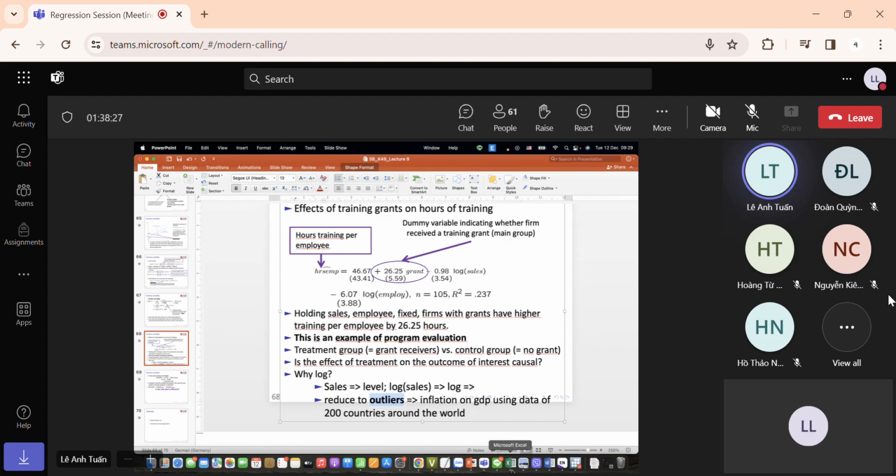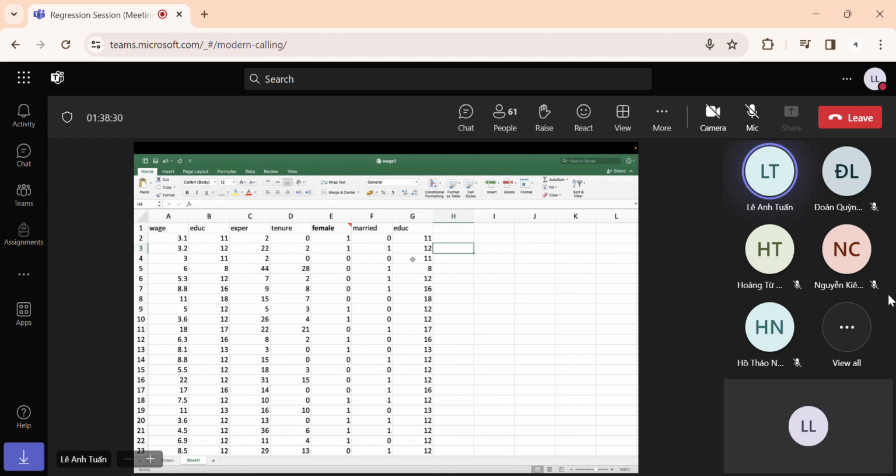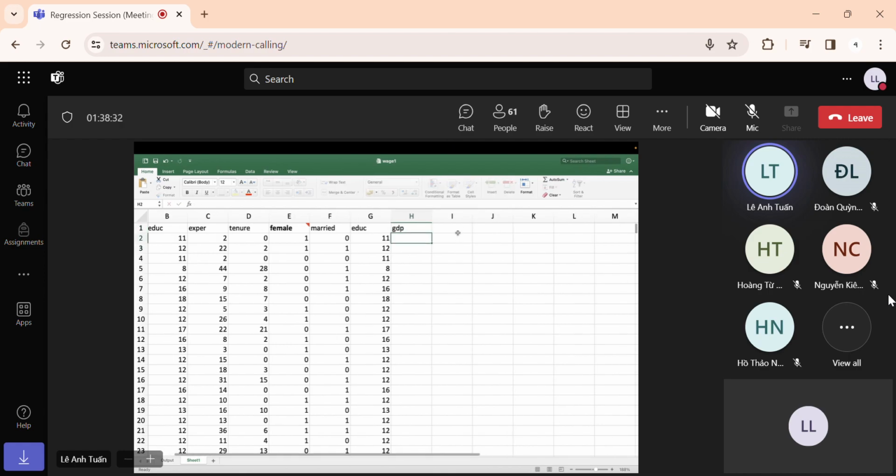For example here, suppose that we have the GDP of a country. The first country has a GDP of only 100, and the second country has maybe a million. So you can see the big difference between the two countries. In this situation, if you use the level, that means the GDP, it increases the residual.